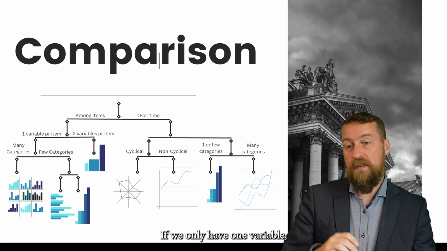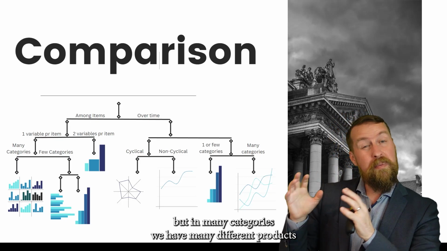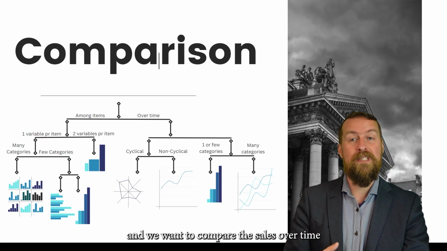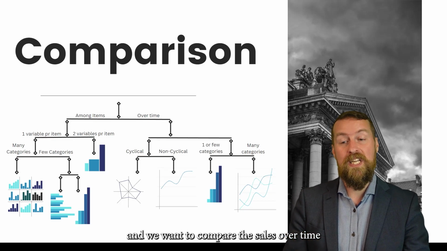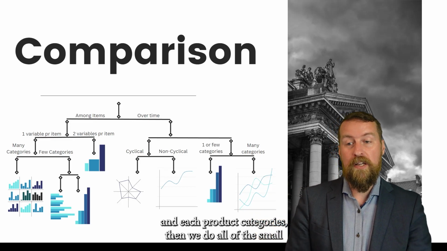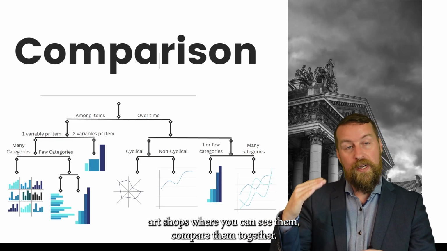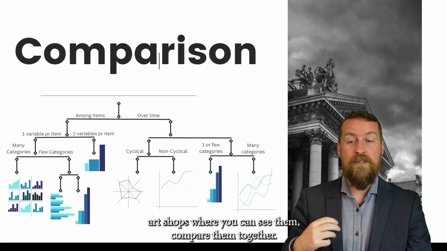If we only have one variable, but maybe many categories, we have many different products and we want to compare the sales over time and each product category, well, then you do all the small bar charts where you can see them, compare them together.